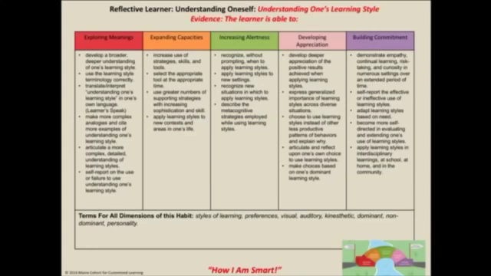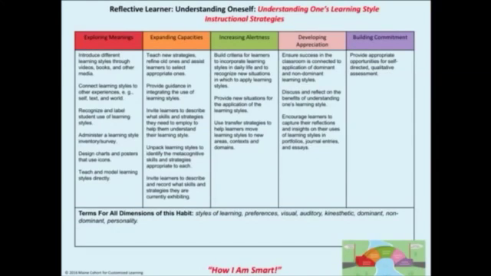So notice that we also included those same terms that needed to be taught and understood for that particular habit of mind. Also notice that the way you can tell the difference between these summary slides really is at the title. So in this case, we start our tagline, evidence the learner is able to, and then we describe the evidence down under each one of the dimensions.